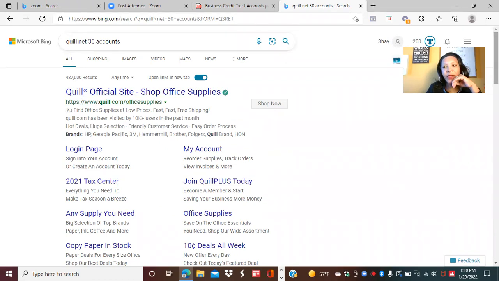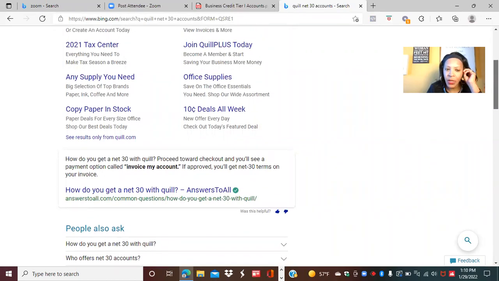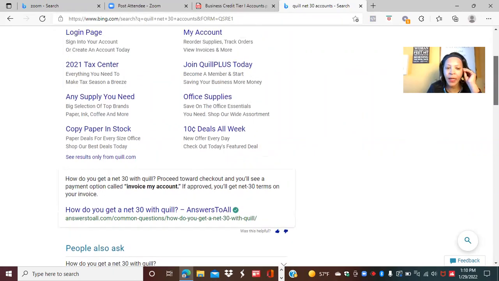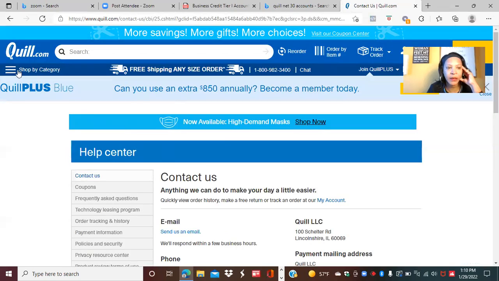I'm thinking you have to create an account and it's going to give you the option to apply for the net 30. I believe that's how it works. Okay, guys? I believe that's how it works.